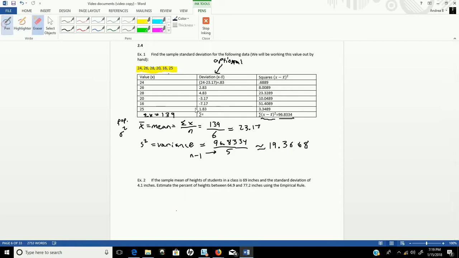Get that to look a little bit better there. Once again, that was 19.36668. So again, for these, you want to go at least 2 decimal places. You can always go out more, so in this case, I went out more decimal places, but you want to go out at least 2 decimal places for these.